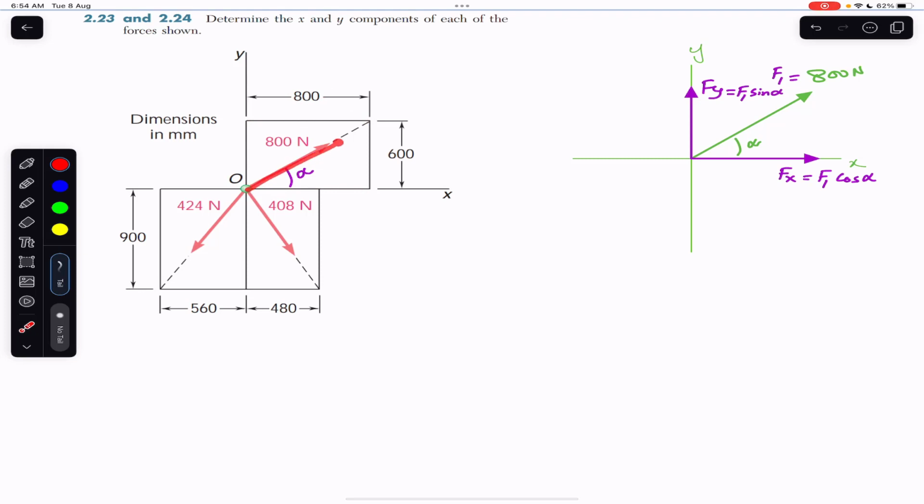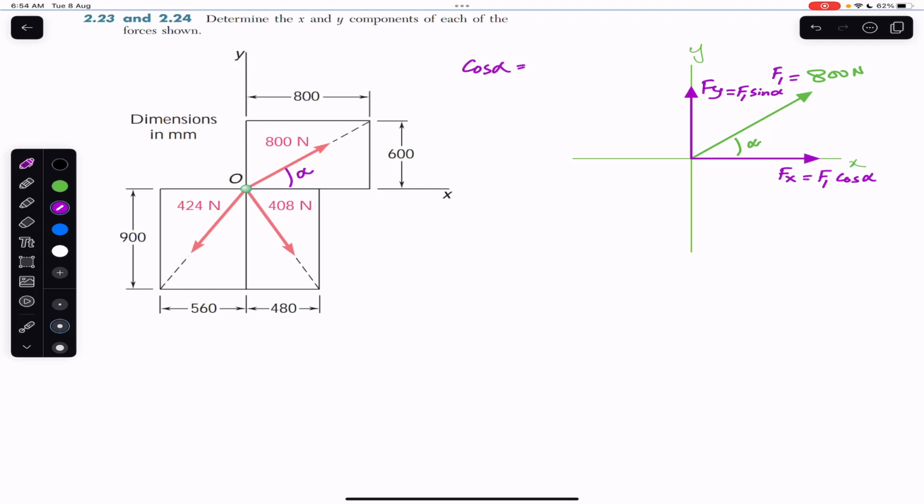Now we are given this right angle triangle, and we are given the base and the perpendicular of this right angle triangle. And as we know from trigonometry, cos of alpha will be the base divided by hypotenuse.